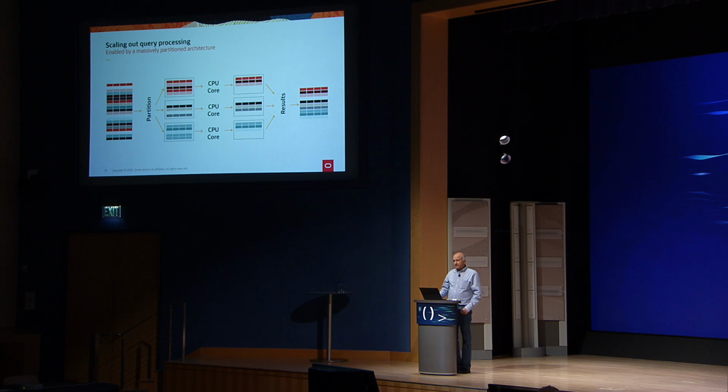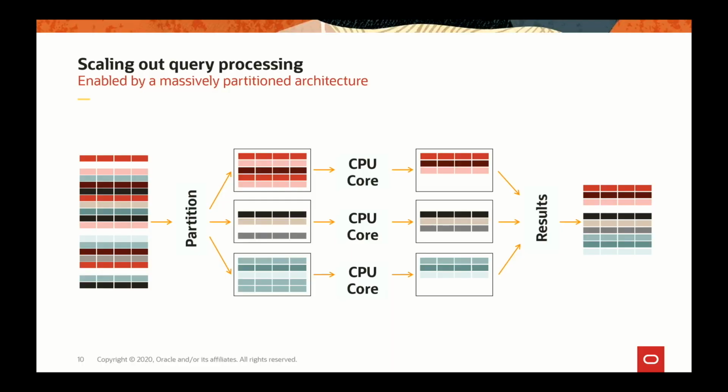Now the question is, why or how is the processing performance of HeatWave so much better than what other vendors do? Well, in the case of query processing, HeatWave has been designed for scale-out query processing. When we read the data, we partition the data into very fine chunks, and these chunks typically fit in the cache of the underlying machine.